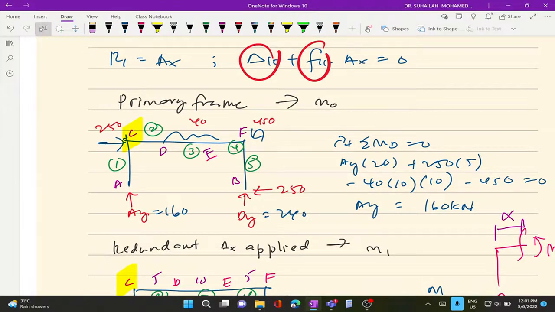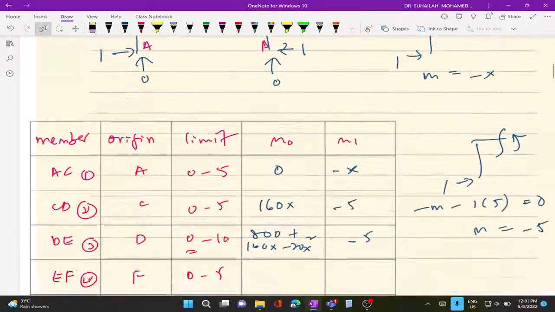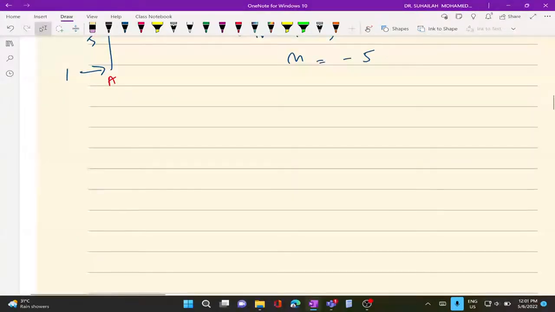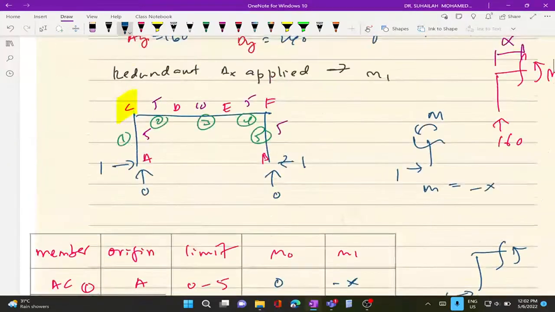Okay, we have 450. Origin from right. Moment clockwise, so this is M. 450 counterclockwise.